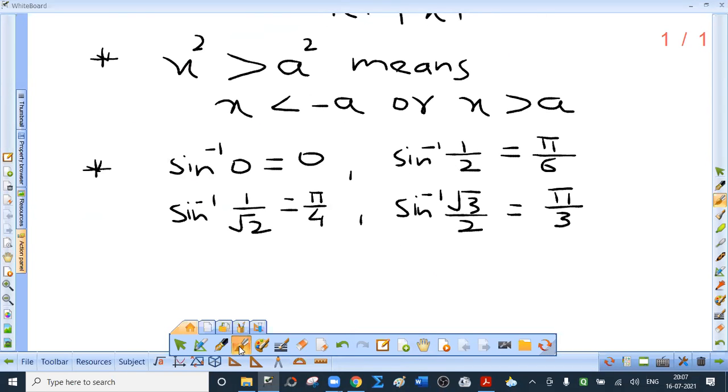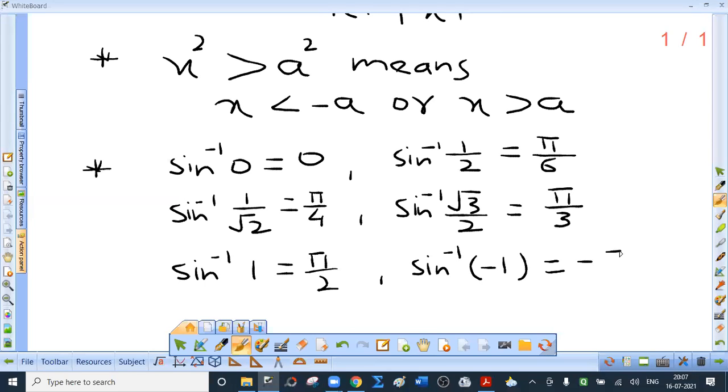And then sine inverse 1 is the angle whose sine ratio is 1. That angle is pi by 2. In physics, you may be required to write sine inverse of minus 1, that is minus pi by 2.